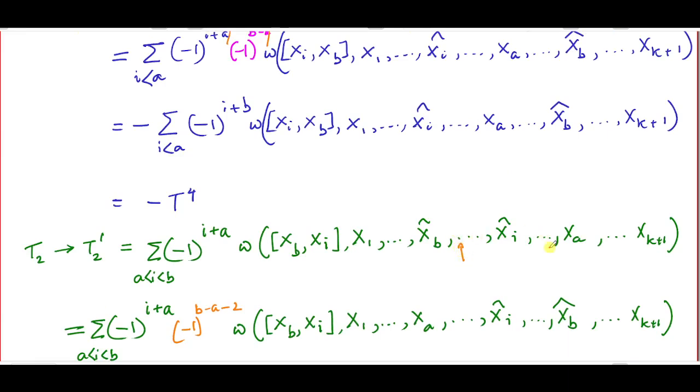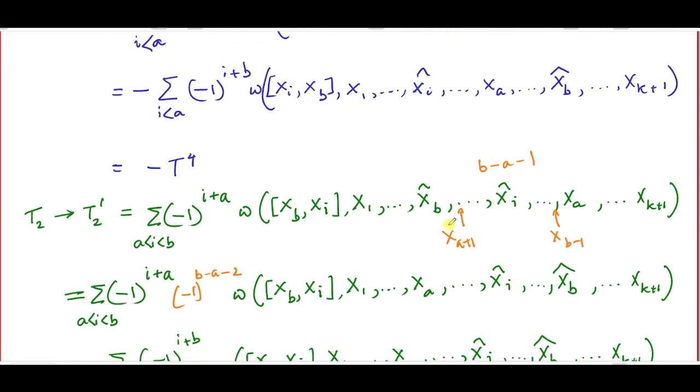Between this location, which was where xa plus 1 was sitting, and this location, where originally you had xb minus 1 and is still there, because you have not changed those vector fields, you had b minus a minus 1 vector fields. But now you don't have that many. You actually have one less, because the xi is missing and the xi is somewhere in between these two.